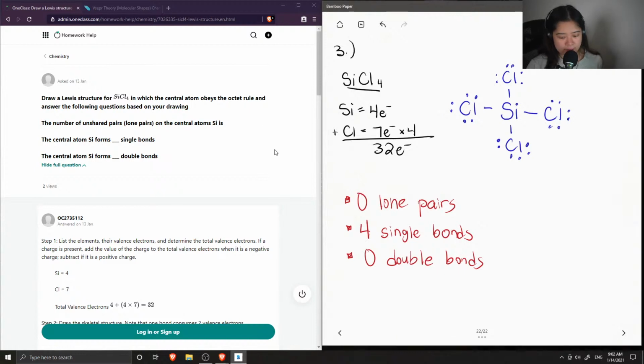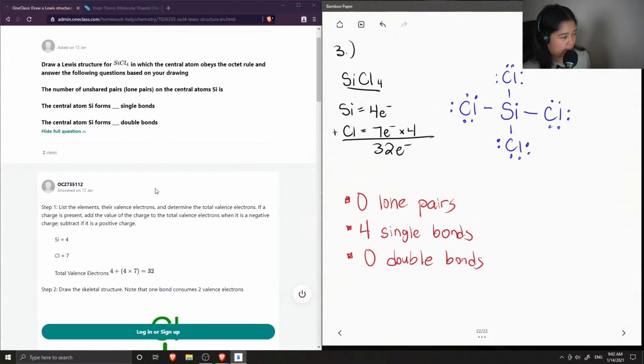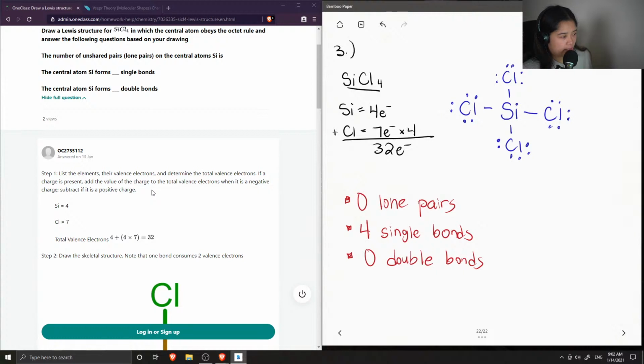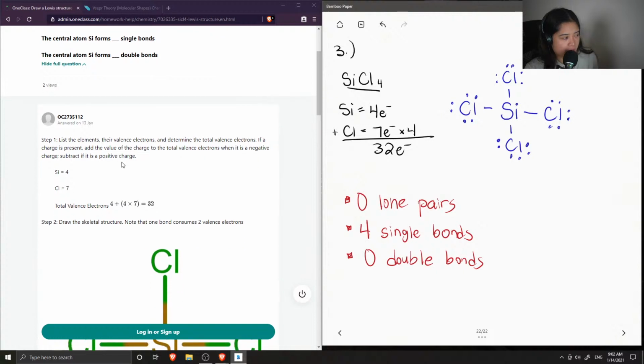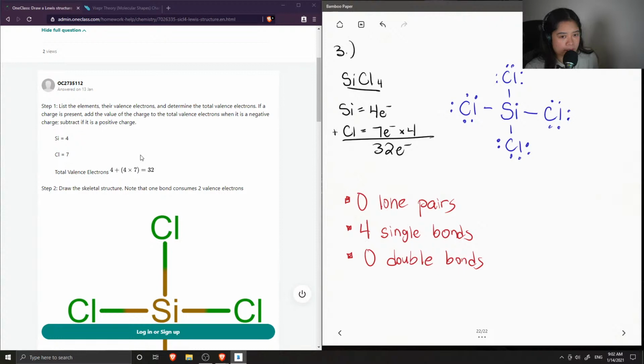Okay, so now let's see what the junior tutor said. Step 1 is to list the elements, their valence electrons, and determine the total valence electrons. If a charge is present, add the value of the charge to the total valence electrons when it's negative, subtract if it's positive. So they got 32.